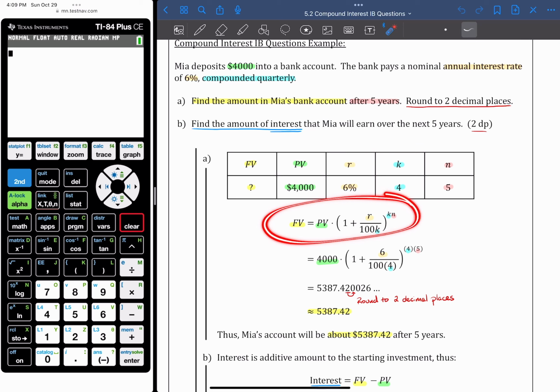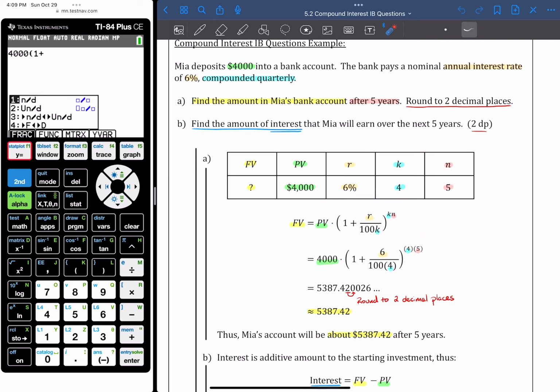So I use the formula, I plug in everything, grab my calculator, and put in 4,000 times the quantity 1 plus the 6% annual interest rate divided by 100, divided by the quarterly compounding, raised to the power of 4 times 5 years.